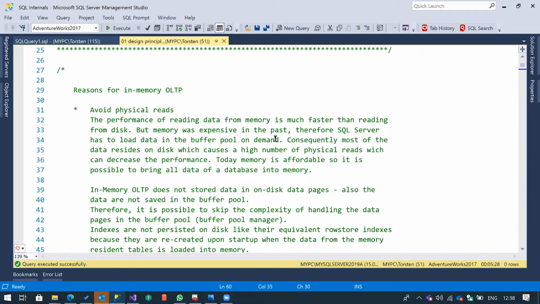So from that perspective, whenever we work with the traditional engine, compared to the in-memory OLTP engine, we already have pages in memory in our buffer cache. That means whenever your buffer cache is big enough to hold all the data pages belonging to all tables within the database, it is very unlikely that you will encounter physical IOs after the first time the page is written or read into the buffer cache.